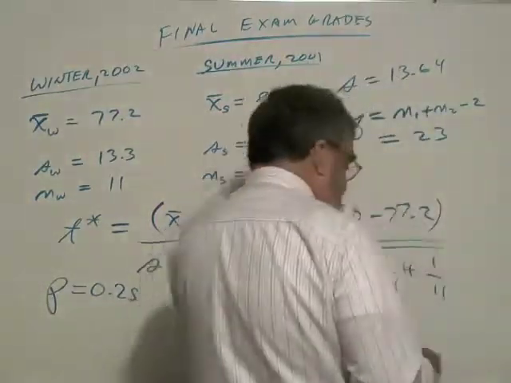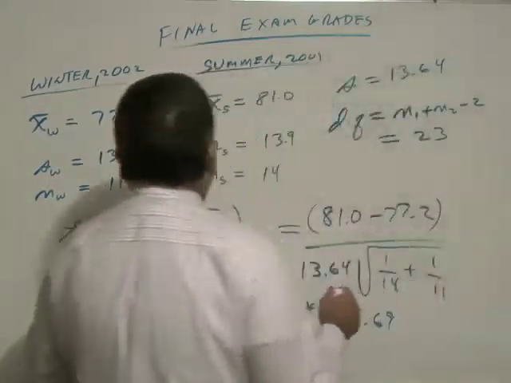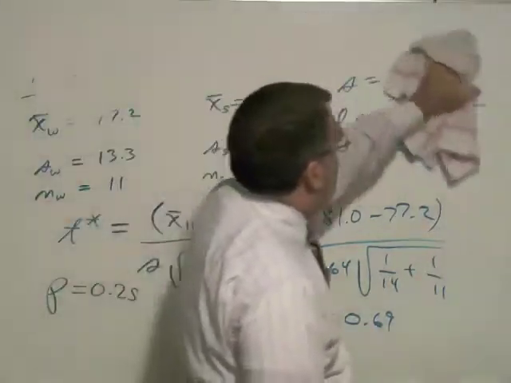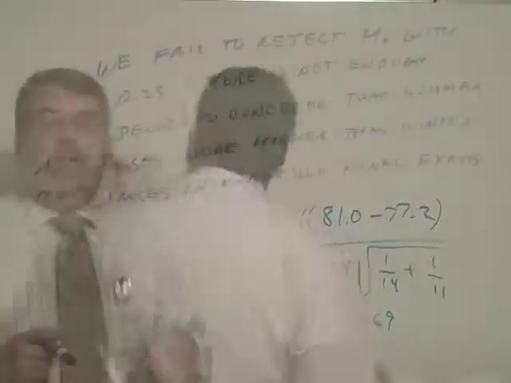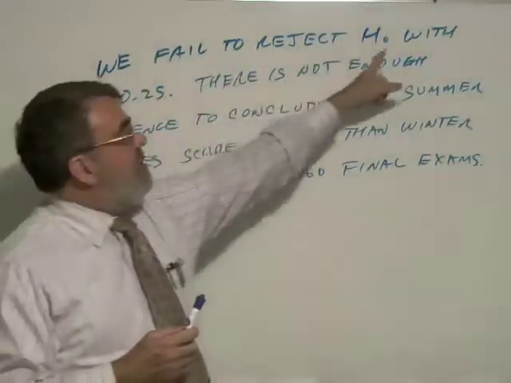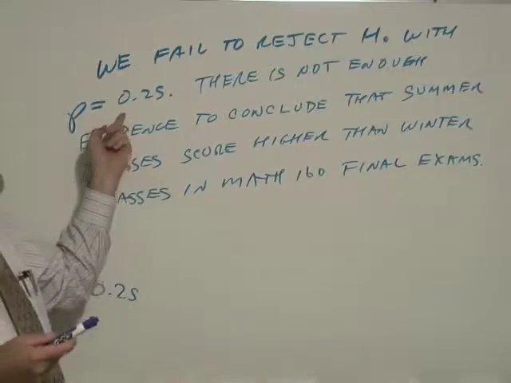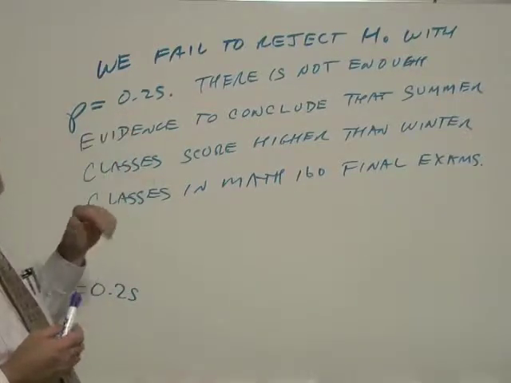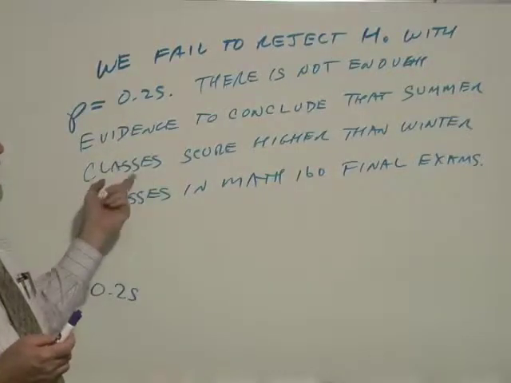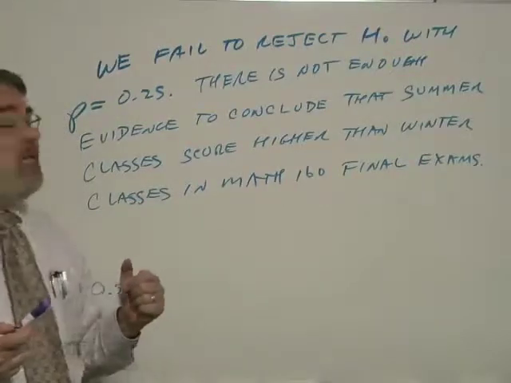So let's write a conclusion for this, and I'm going to erase most of it so I can get the conclusion in here. Here's my conclusion. We failed to reject the null hypothesis with p-value 0.25. There is not enough evidence to conclude that summer classes score higher than winter classes in Math 160 final exams.